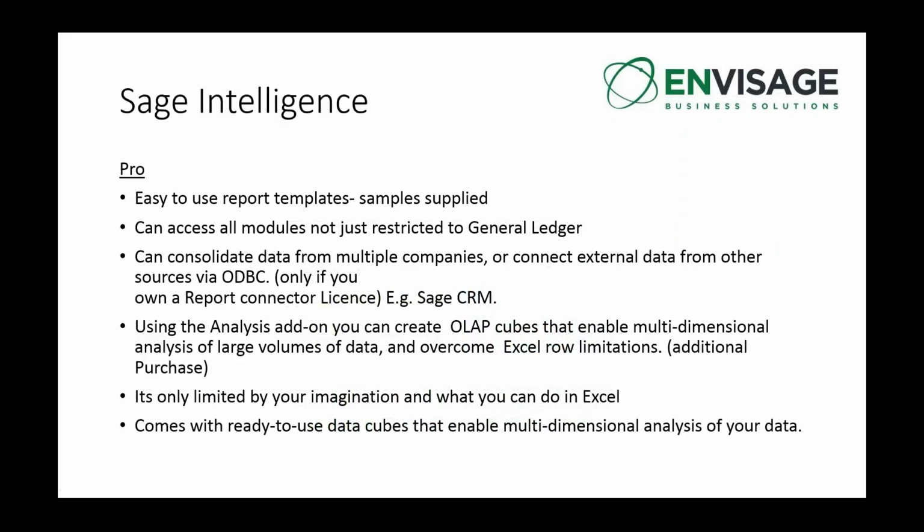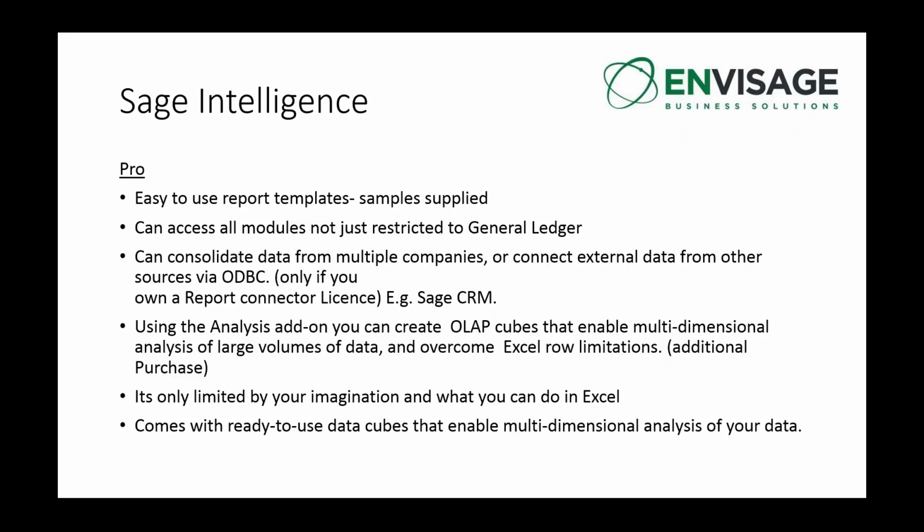So now we're going to line that up against the Sage Intelligence module, which again can work on both operating systems. It is an Excel-based report writing tool, and it does ship with some licenses for the Sage 300. It has easy-to-use report templates, similar to those that you just saw in Sage Enterprise Intelligence.